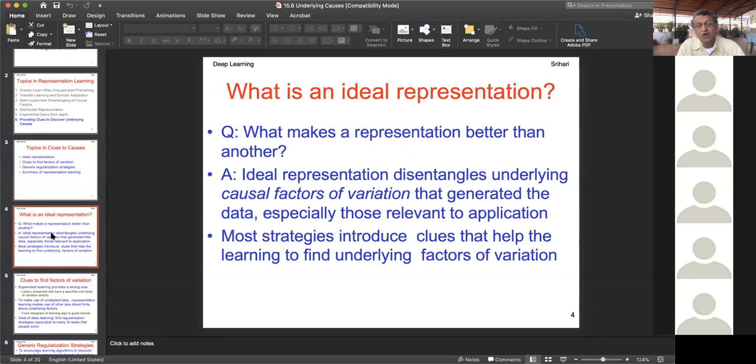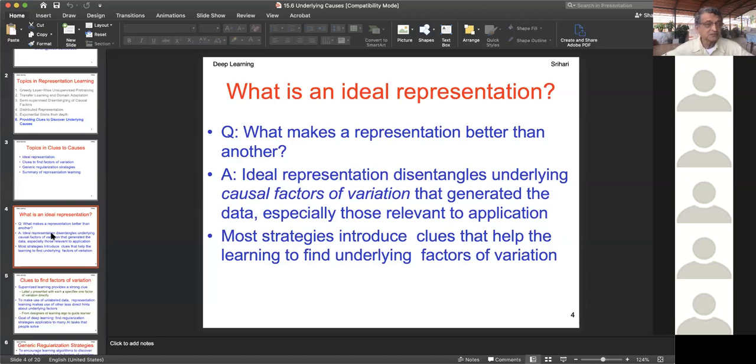So again, we begin by saying, what makes a representation better than another? Keep in mind, in deep learning, the features are all being learned. This is unlike standard pattern recognition or standard machine learning, where features are engineered by a human being, saying, well, to recognize a cat, I'm going to write a piece of code that recognizes ears, recognizes legs, and so on. No, no. In deep learning, all those are being learned by the system. So it is learning a representation.